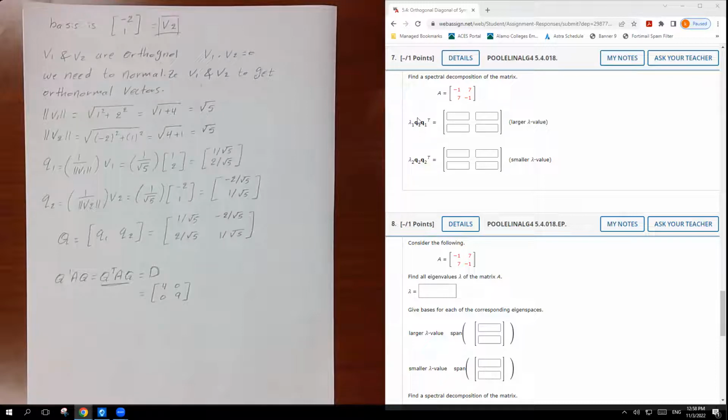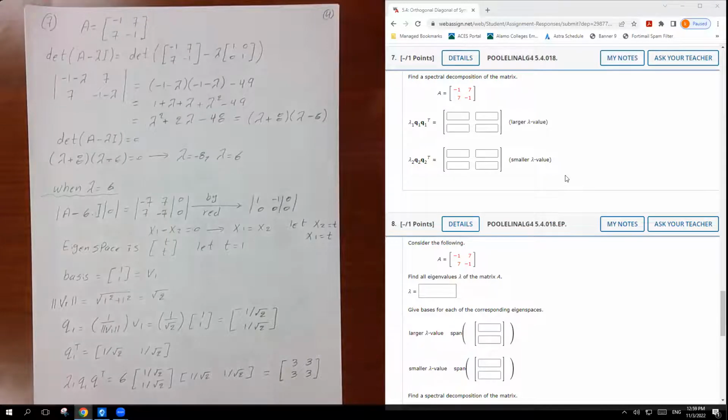If you add these two, lambda 1 Q1 Q1 transpose plus lambda 2 Q2 Q2 transpose, you're going to get exactly the same matrix A. But our goal for this example is to find lambda 1 Q1 Q1 transpose and lambda 2 Q2 Q2 transpose. Let's check that.